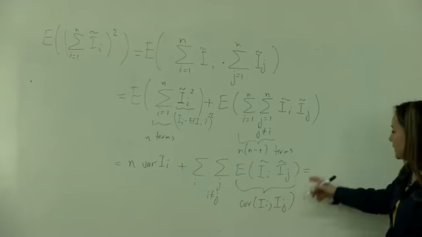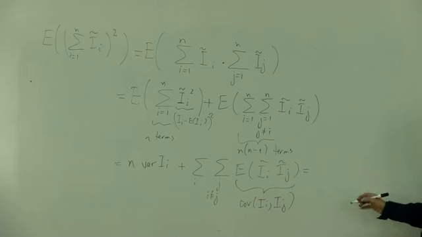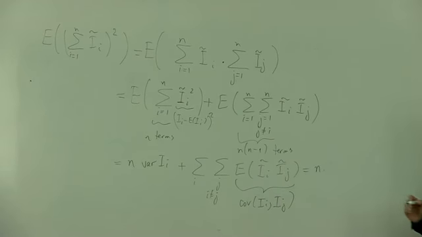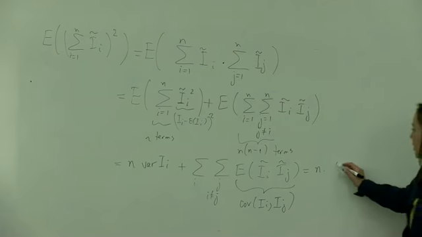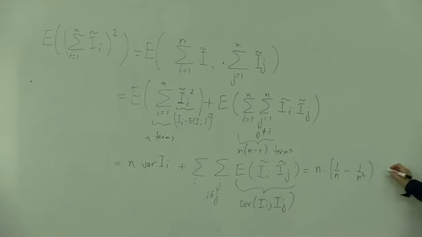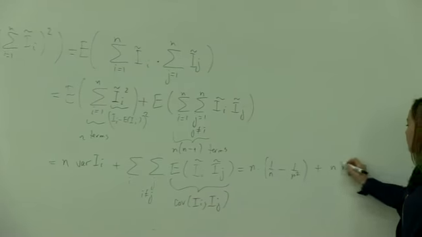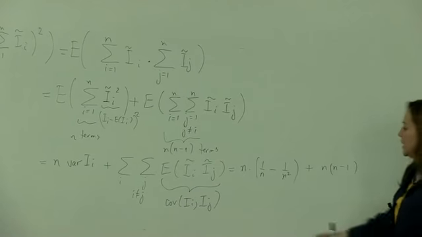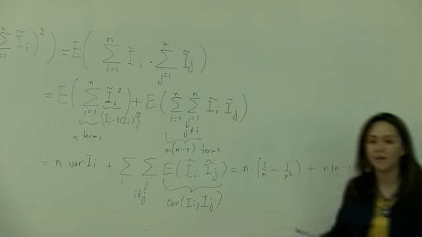Let me just plug in what we computed. N times the variance of I_i. What is the variance of I_i? Do you remember? 1 over n minus 1 over n squared. Right. So I got that. Plus, I have n times n minus 1 terms. All the terms are the same, and they are the covariance of I_i and I_j, where i and j are not the same.